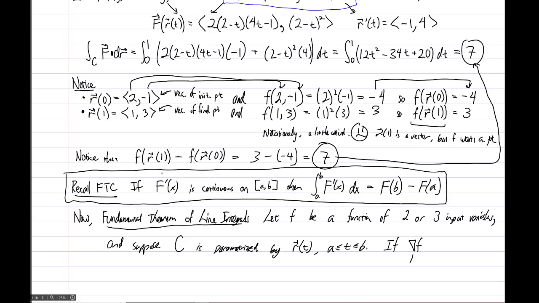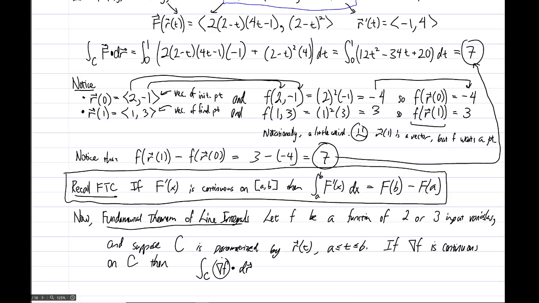So if the gradient of f is continuous on, previously we had an interval, now we have on capital C, because that's what we're going to integrate over, then the integral over the curve C of the gradient of f dot dr, which is actually what we just did earlier.